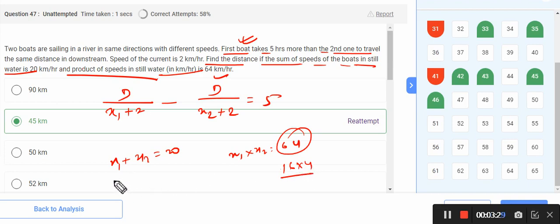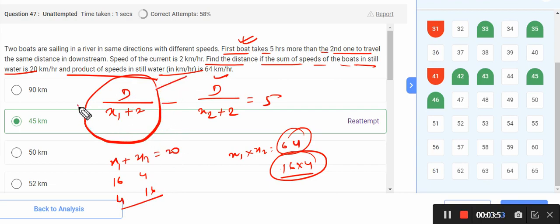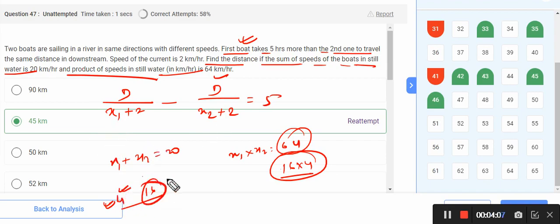If I place 16 in place of x1 and 4 in place of x2, all these conditions are satisfied, right? It can be otherwise also, 4 and 16. As this boat is taking a longer time, this factor must have a lesser speed. So we have to negate this condition. So the value of x1 will be 4 and the value of x2 will be 16.